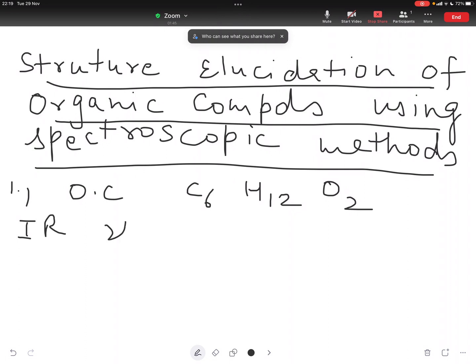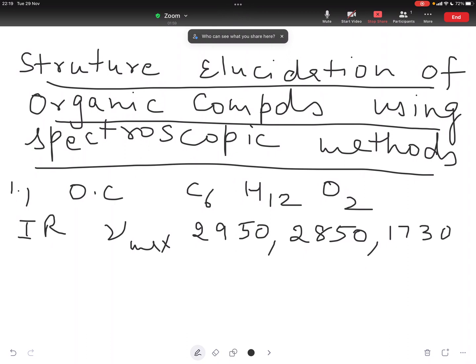We get bands at 2950, 2850, 1730, 1480, 1460 and 1400 centimeter inverse. These are the bands which we obtained in IR spectra.